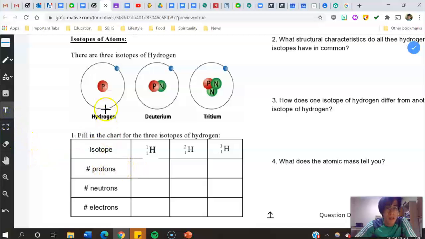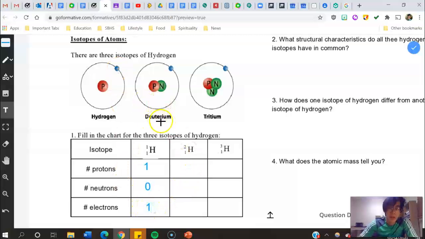So the number of protons, that stands for P. We see that the normal hydrogen atom only has one. It doesn't have any neutrons in the middle, so that's going to be 0. And it only has one electron on its first shell right there, so I'm going to put a 1 right there.